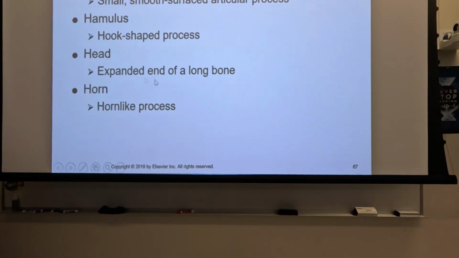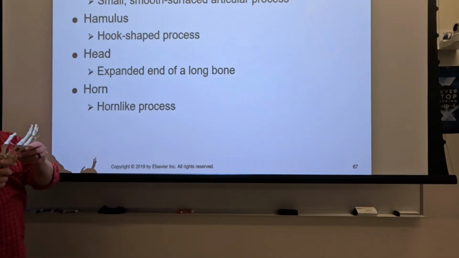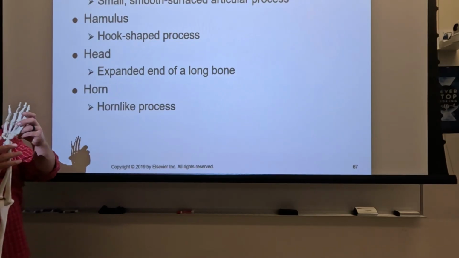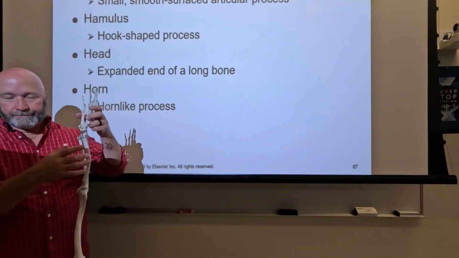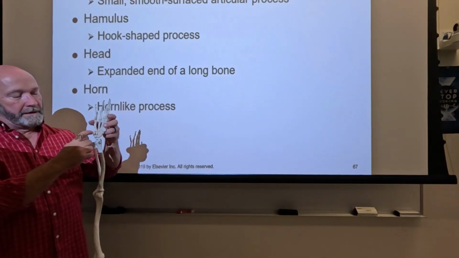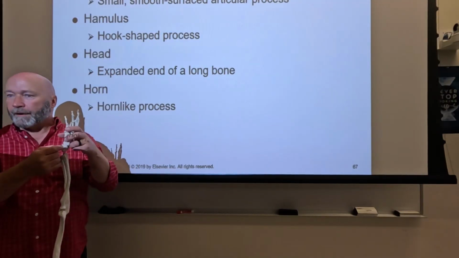So a hamulus is a hook-like process, and the only place that I can think of that we really use that is, again, if you studied this real hard, you saw in the anterior portion of these plastic bones, you saw two things. One sticking out quite a ways, and that's actually supposed to be a bone, okay?